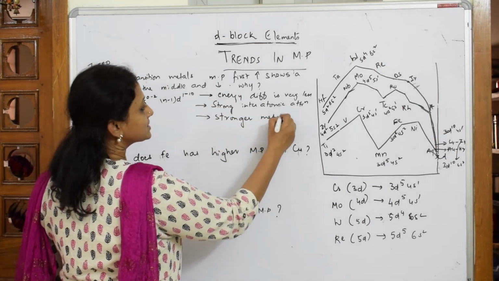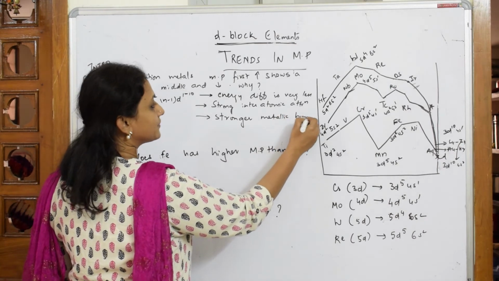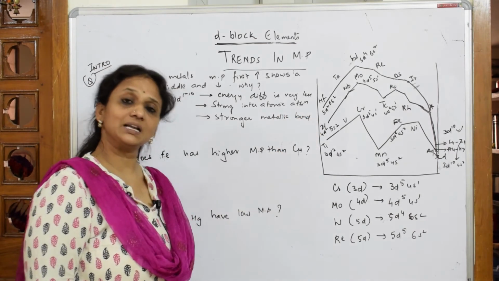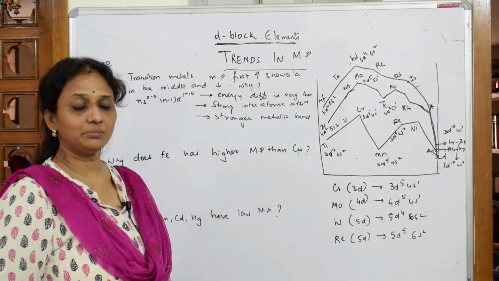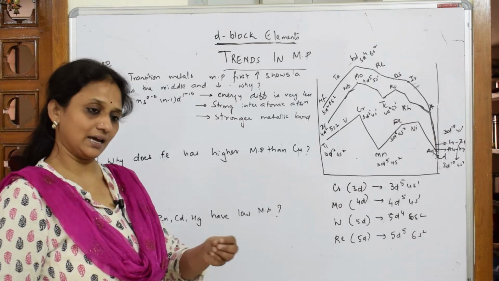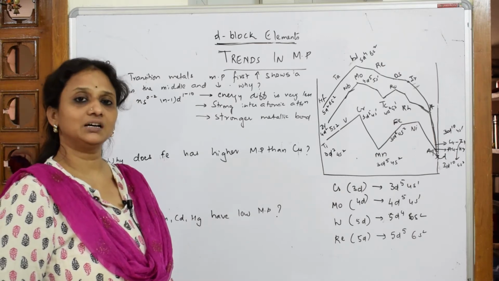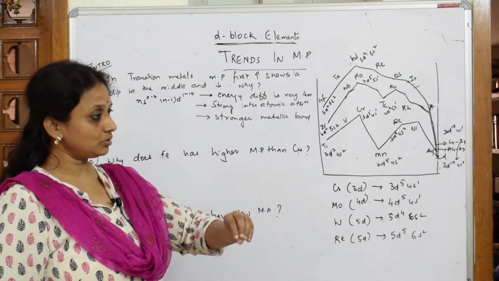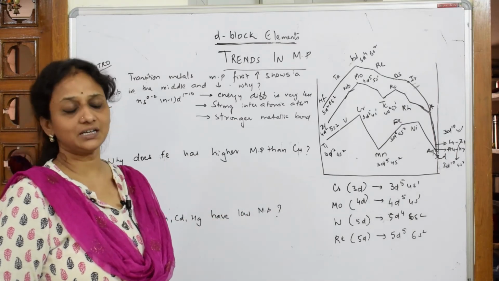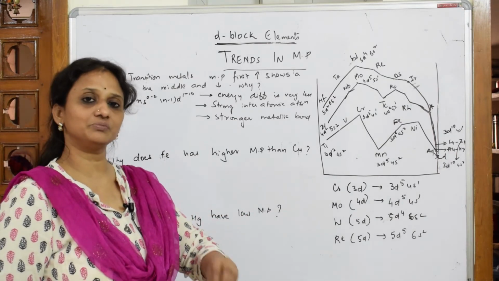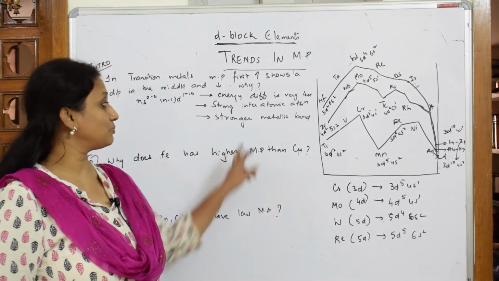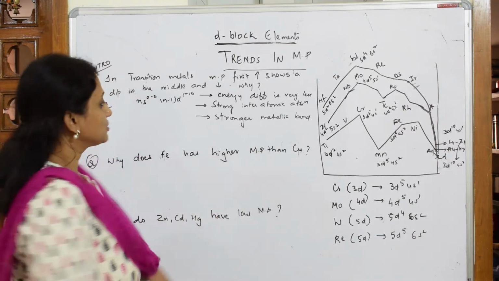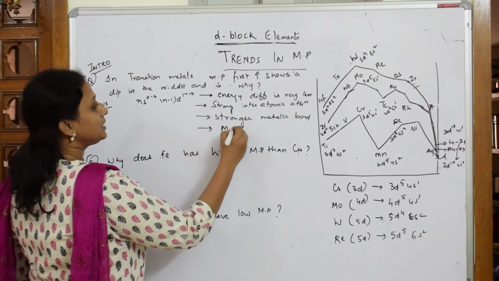All these are metals, isn't it? Now what happens when the metallic bond is stronger? I have to supply an excess amount of energy to melt that particular thing. I have to use more energy than usual because the bond formed is very strong. So hence the melting point increases.